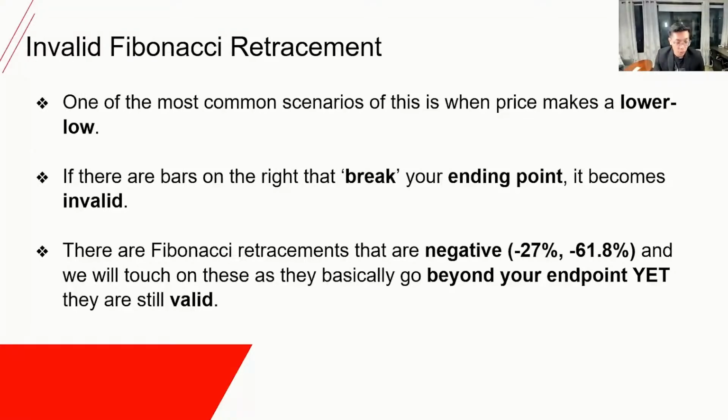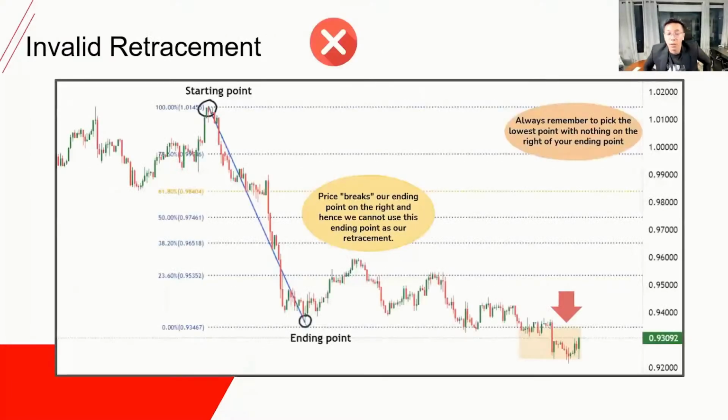Okay, there are FIB retracements that are negative, which I mentioned previously, negative 27.2 and negative 61.8. We will touch on these as they go beyond your endpoint, yet they are still valid. You can see right here in this picture, price actually broke this low, right?